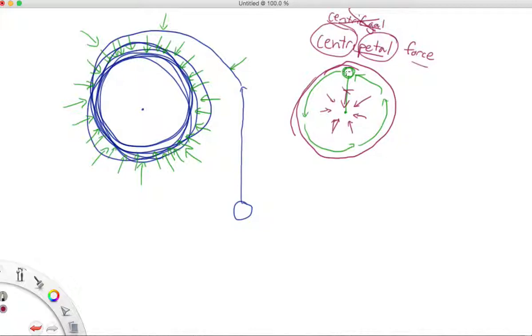What will happen to that ball? Well, that ball will go flying off, and according to Newton's first law, it will fly off straight, on a straight path. If you cut it at this instant, it'll go straight, fly off towards that path.